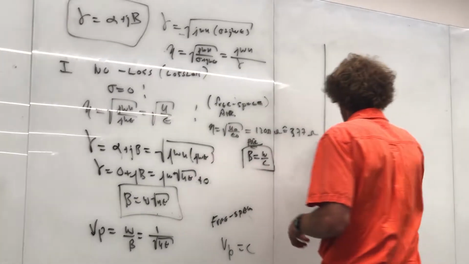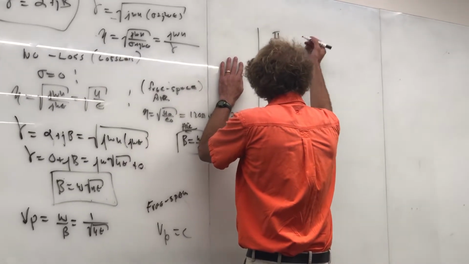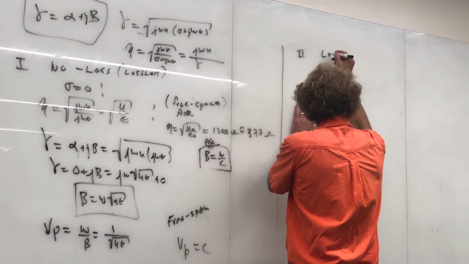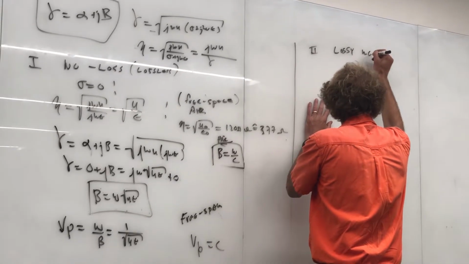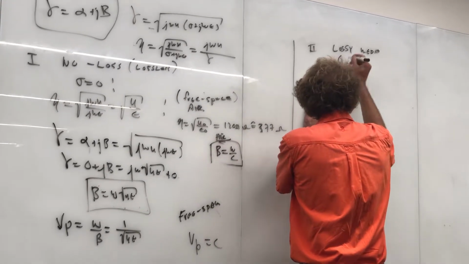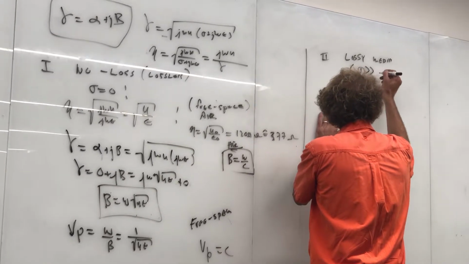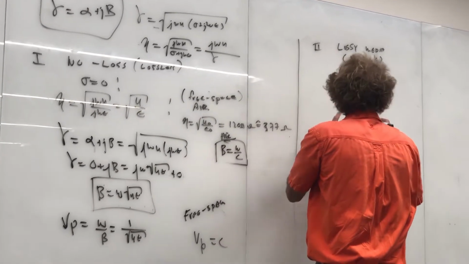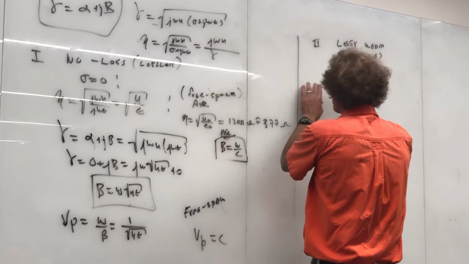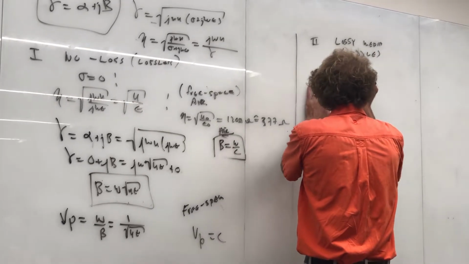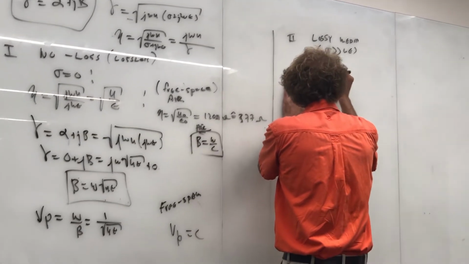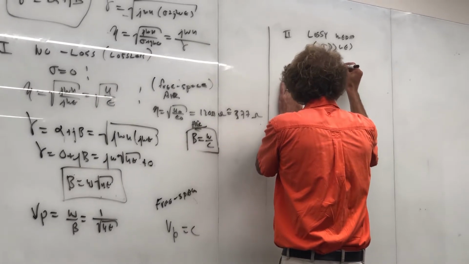Case 2 is going to be a lossy medium. That means sigma is much greater than omega epsilon. In that case, when you look at this, gamma is equal to the square root of j omega mu times just sigma.